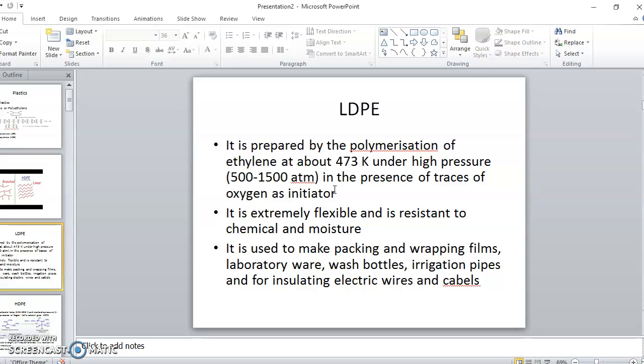Here the pressure is 500 to 1500 atm, in the presence of traces of oxygen as initiator, because it is a free radical polymerization, and oxygen provides a free radical. It is extremely flexible and is resistant to chemicals and moisture. Uses: it is used to make packing and wrapping films, laboratory ware, wash bottles, irrigation pipes, and for insulating electric wires and cables.